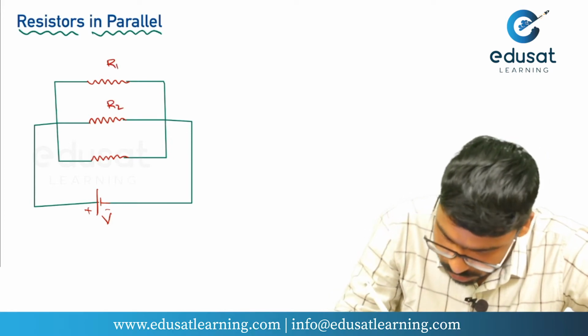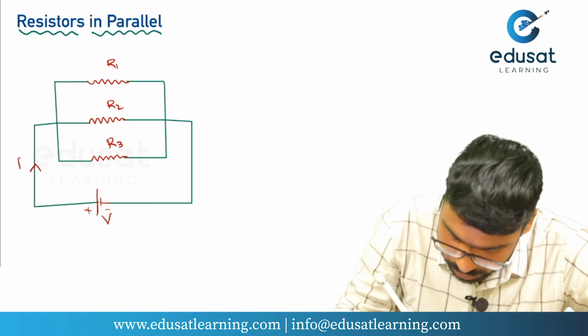Resistances R1, R2, R3. Current I will flow.